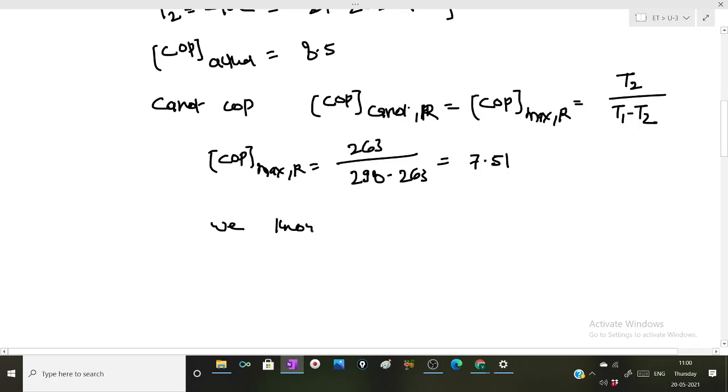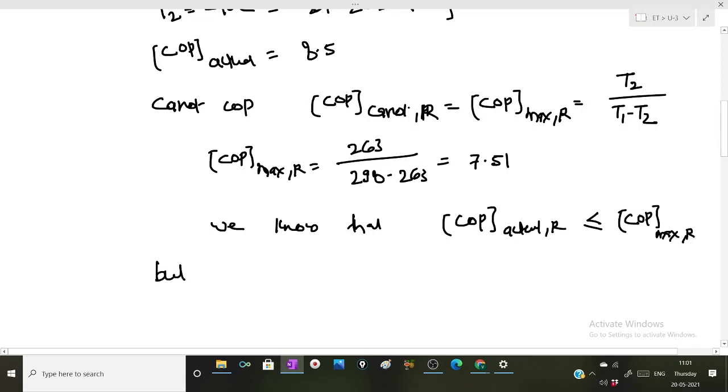Now after calculating the maximum COP, now we know that actual COP of refrigerator is less than or equal to maximum COP of refrigerator.